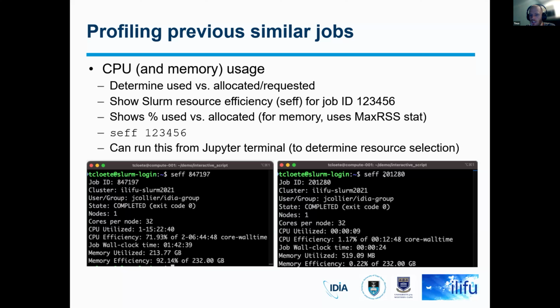Here seff 2012880 only had a CPU efficiency of 1.17%. So it was only using 1% of the CPUs requested. This also gives you the memory information as well.